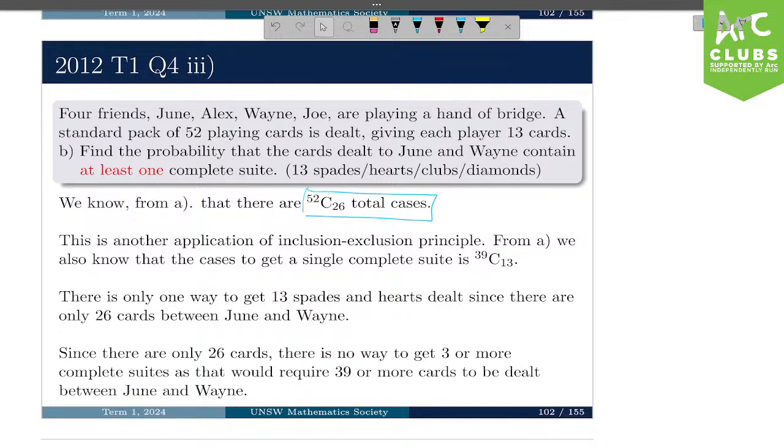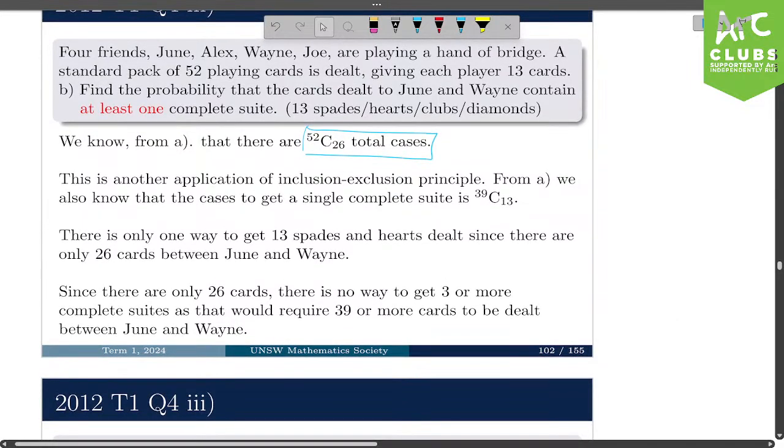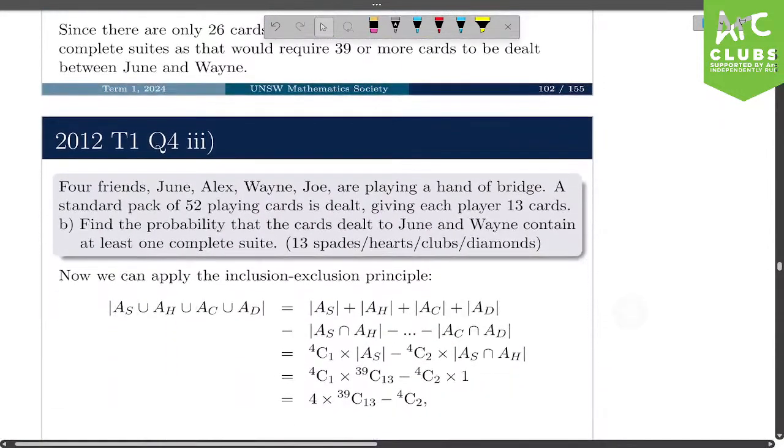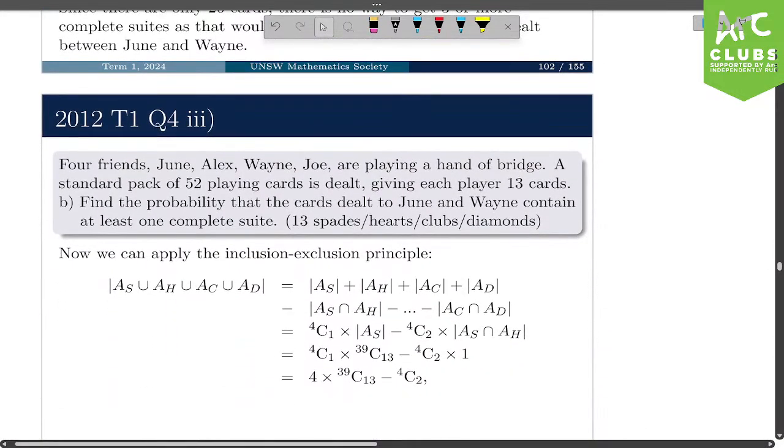All your 26 cards will be pre-selected, and that works for any pair of suits out of the four. Also, since there's only 26 cards between them, they can't get 3 or 4 different suits. So we use the inclusion-exclusion principle again.